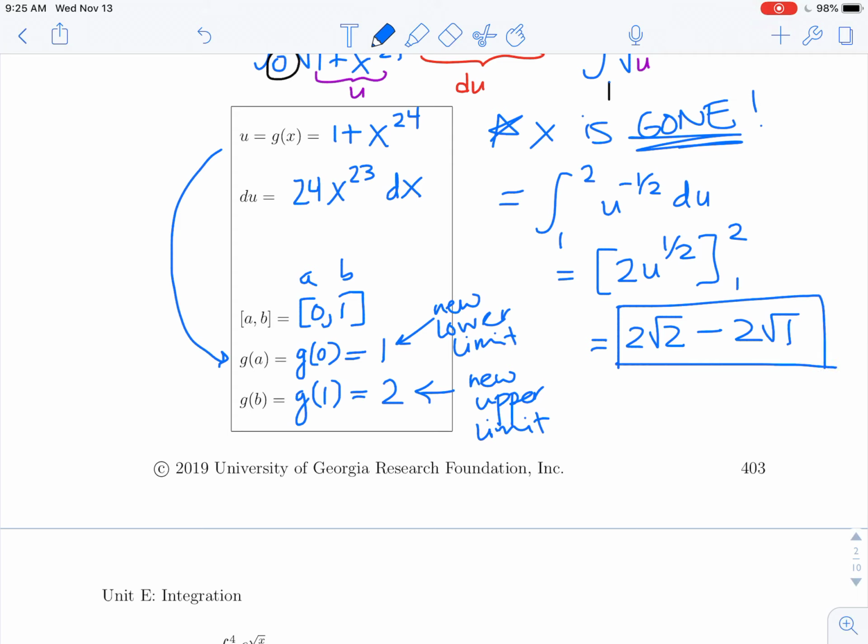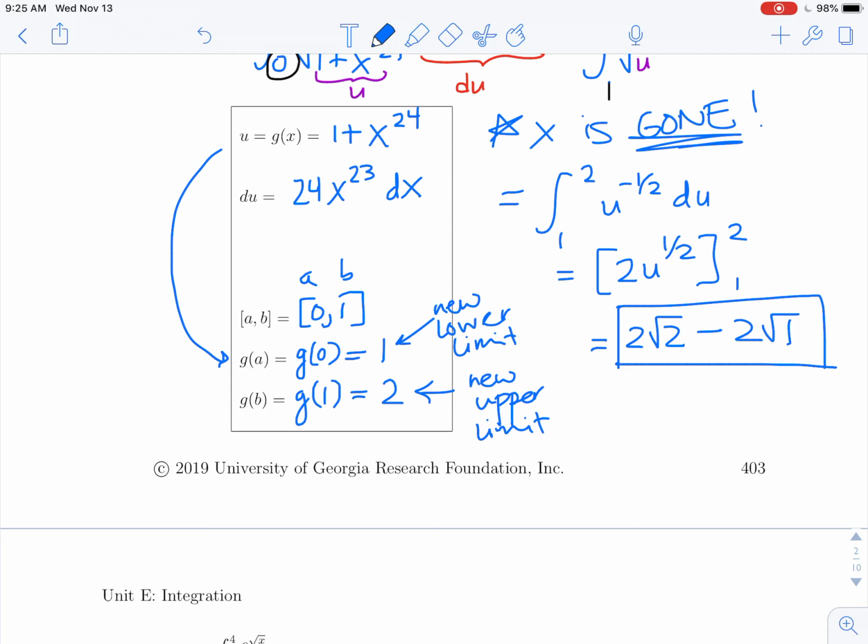In my opinion, this is a little bit cleaner because when you do the substitution and actually change your limits of integration, you completely get rid of x and you don't have to go back to it at some later point in the problem. A lot of people, students, professors, everybody, it's really easy to forget to go back to x if you use a u substitution as an indefinite integral and then go back to your original.